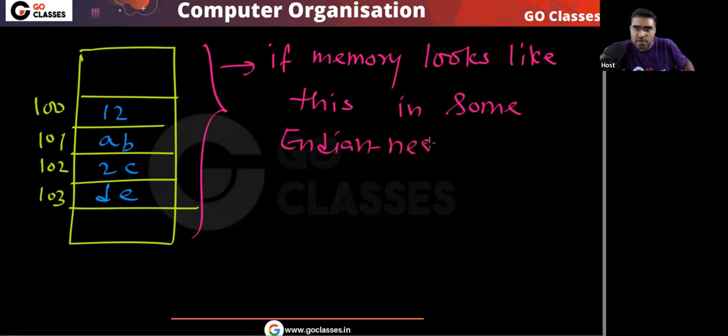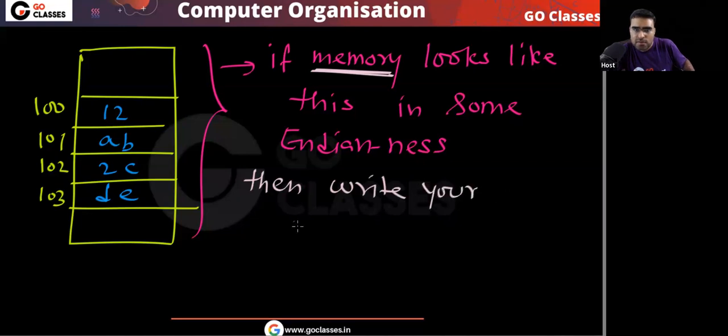Is this clear? So if your main memory looks like this, I don't know little endian or big endian, I'm saying if your memory looks like this, in any endianness, then what will your answer be? Then write your answer like this.